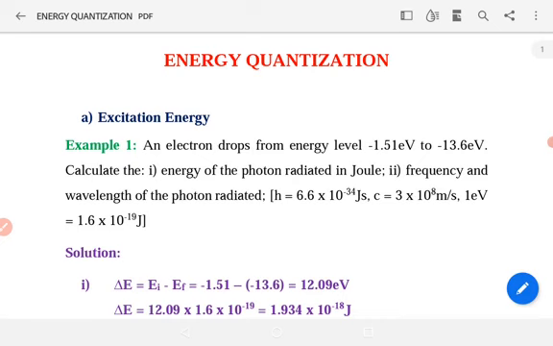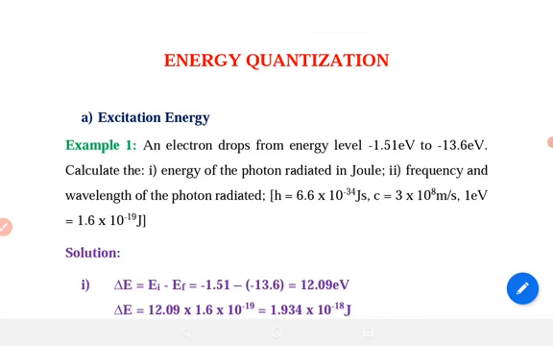So the first part we are looking at is excitation energy, and we all know that electrons in an atom occupy specific energy levels, and when they gain sufficient energy, they may move from this energy level to a higher energy level.